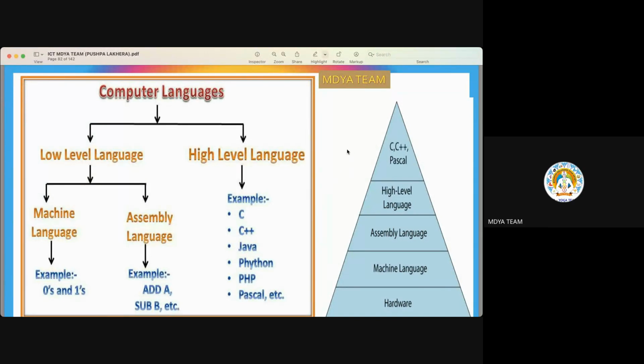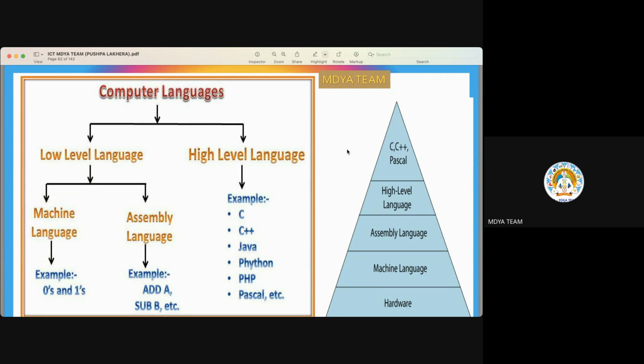So before we go to the different softwares, first we should know what are the different types of languages which are used in computer systems. Computer languages are broadly classified as low level and high level languages. In low level there is machine language and assembly language.